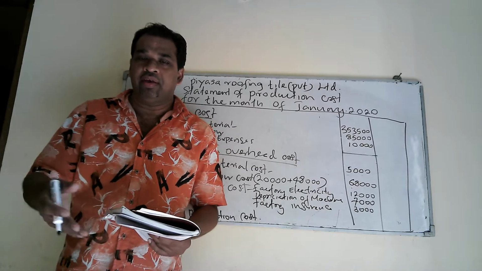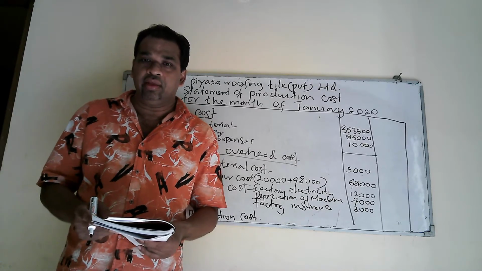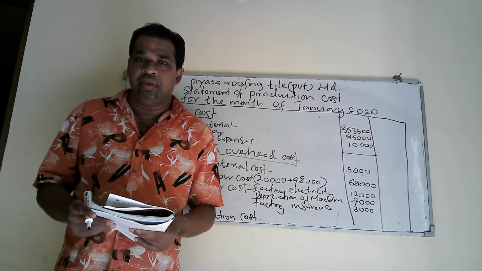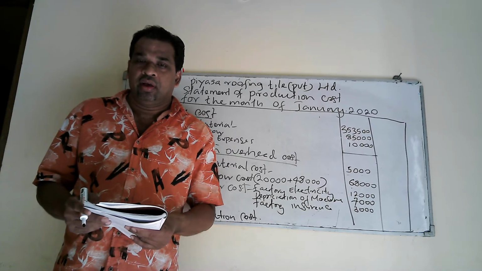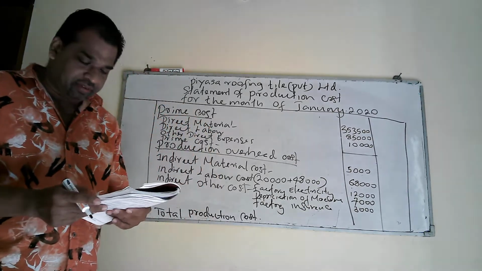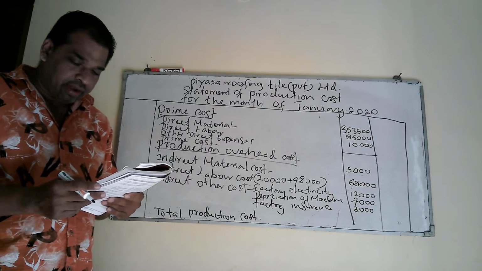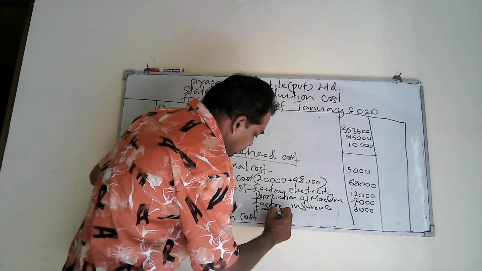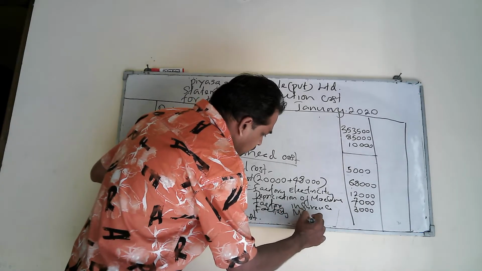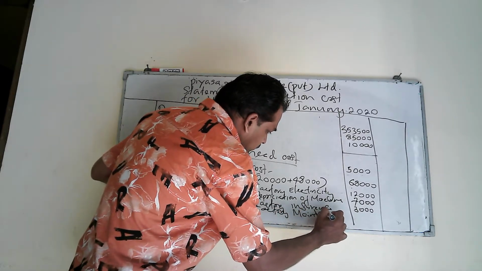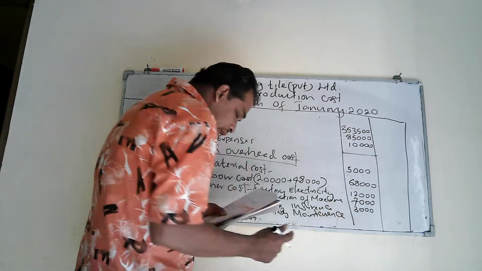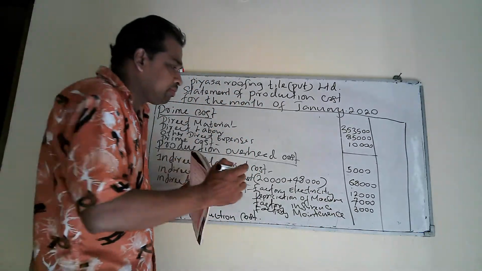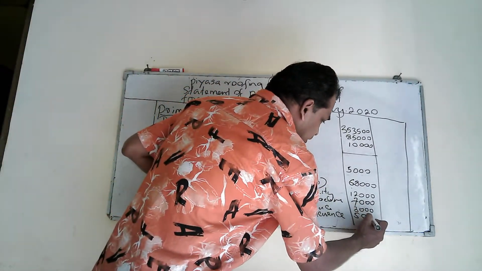We have to pay the whole factory insurance premium at once. It comes under indirect other expenses. The last item, factory maintenance cost, 5,000. That is also an indirect other expense.